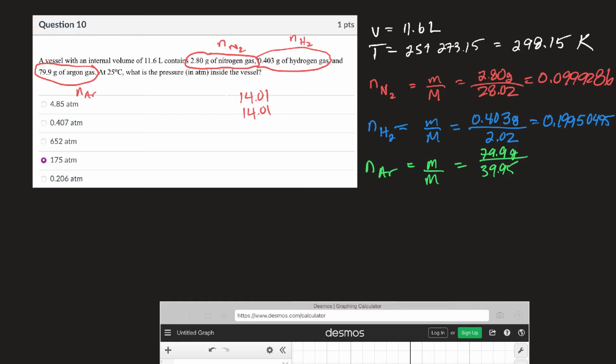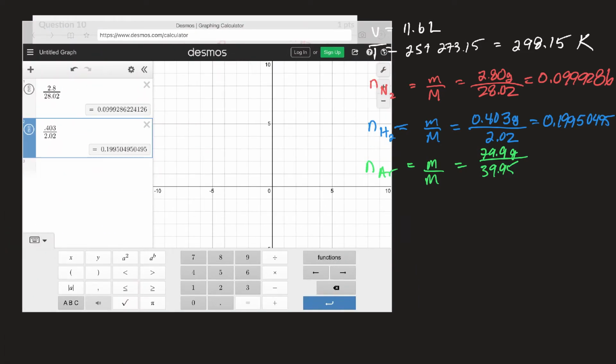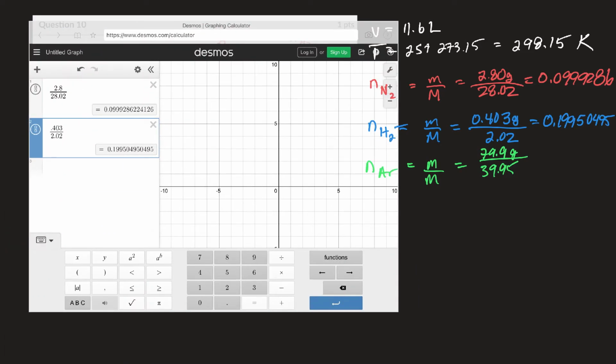Okay, 79.9 divided by 39.95. Oh, it's exactly 2. Interesting. Moles.